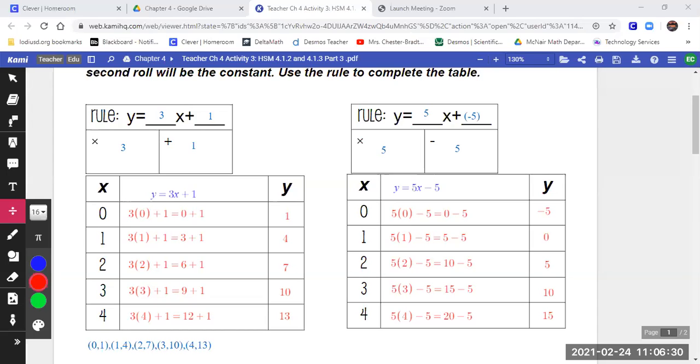Okay, Tavian, very nice. One fix. Every pair has to be in a parentheses, or that's just a list of numbers.